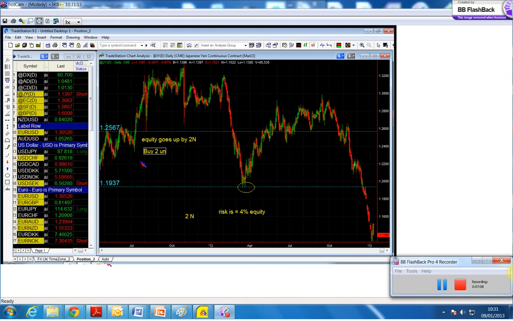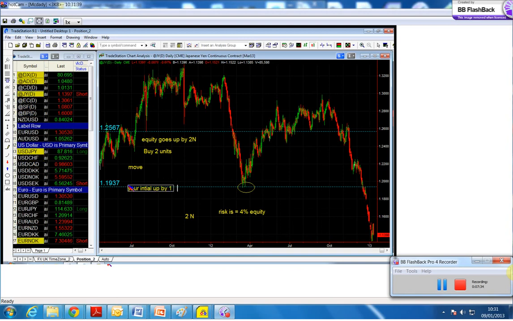Okay, let's leave it at that for now. It's not exactly correct, but that's it. You can buy 2 units and move your initial stop up by 1N.